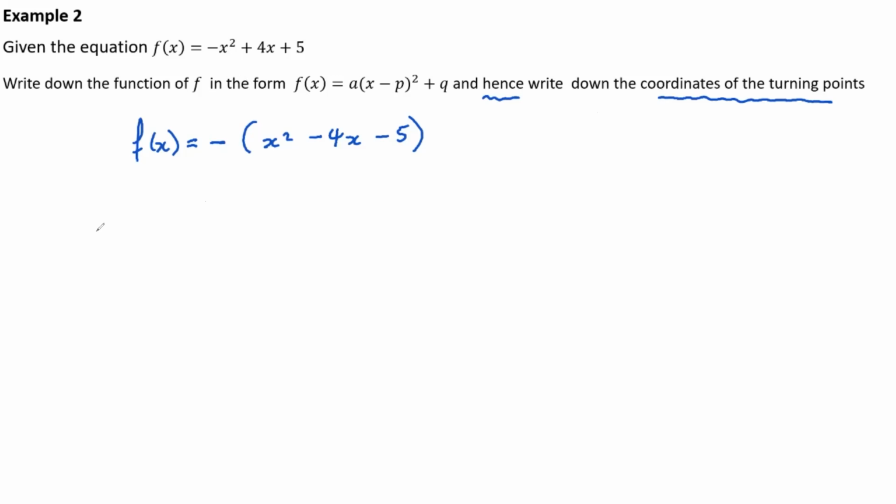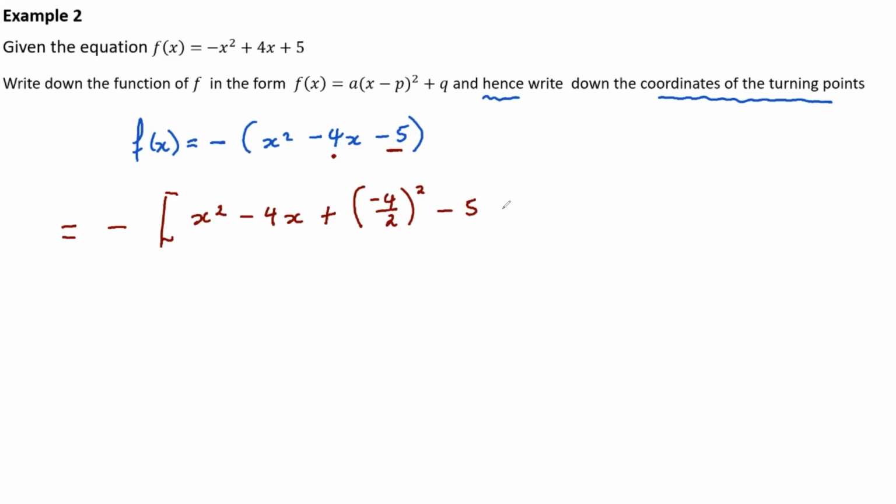Very important. So now that I've taken out the negative, I will do the rules. Take the coefficient of x, divide it by 2, square it and add it. So the coefficient of x is minus 4. I've just divided by 2, squared it. Then I put my minus 5.